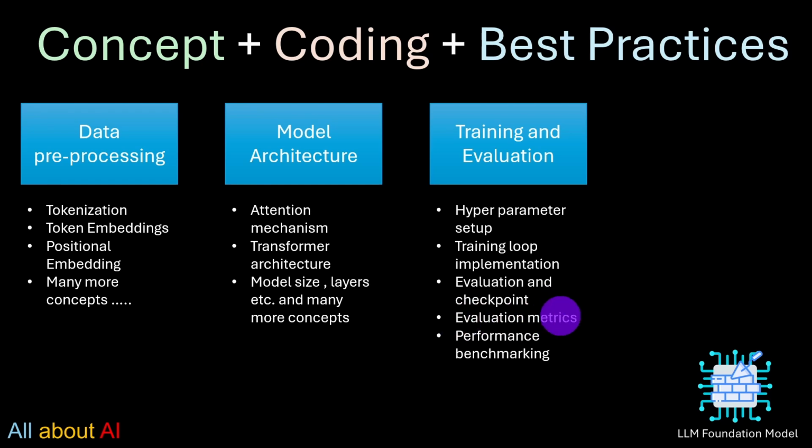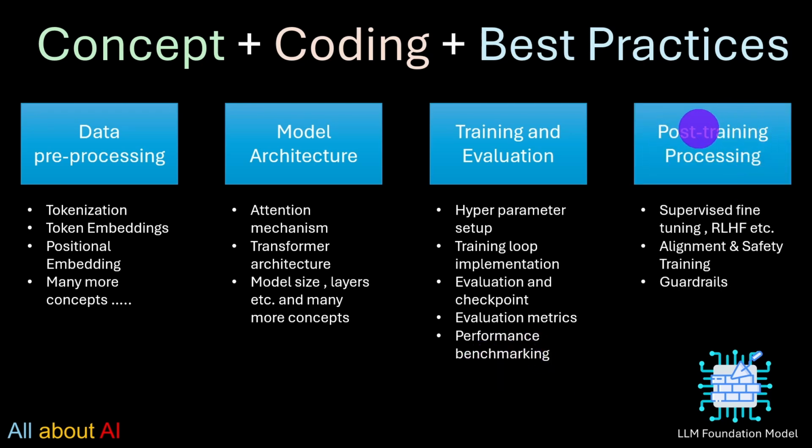We'll also learn about business metrics. We'll learn about performance benchmarking. There are many benchmarks available which top models are currently using. But in our toy example, we'll just scratch the surface. But conceptually, we'll look into the various benchmarks that are available.